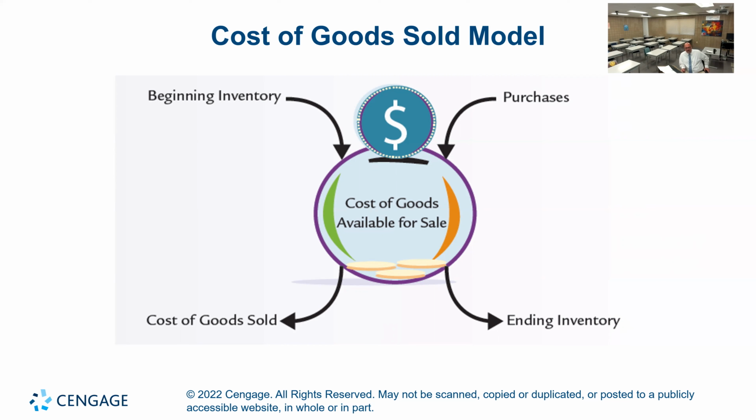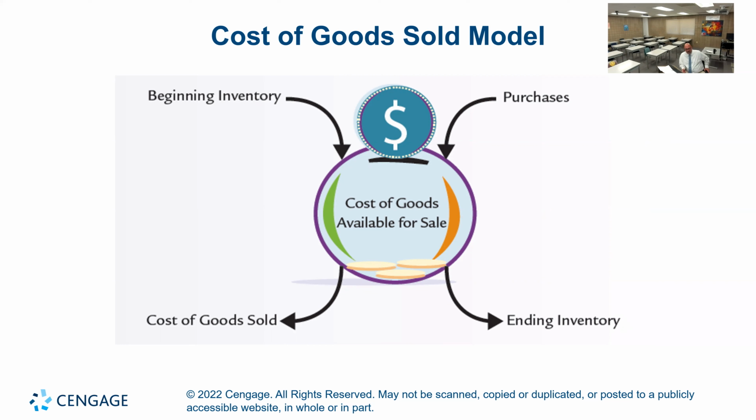When you add those together, you get your cost of goods available for sale. I call that COGA, C-O-G-A. Your COGA minus your ending inventory equals cost of goods sold, or your COGS, C-O-G-S.